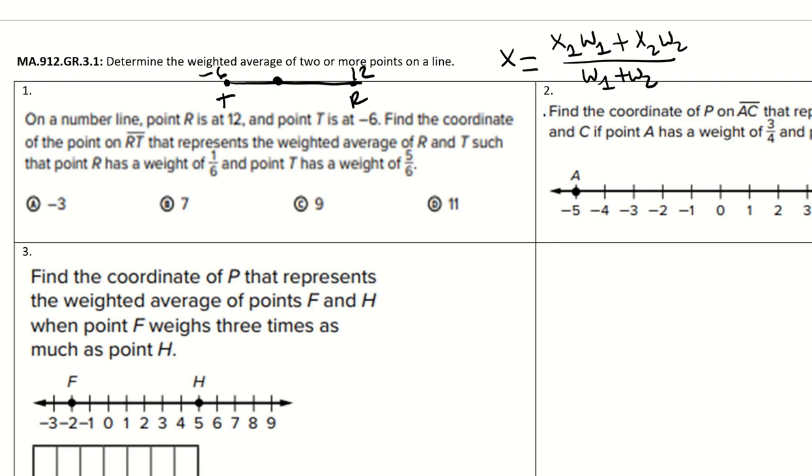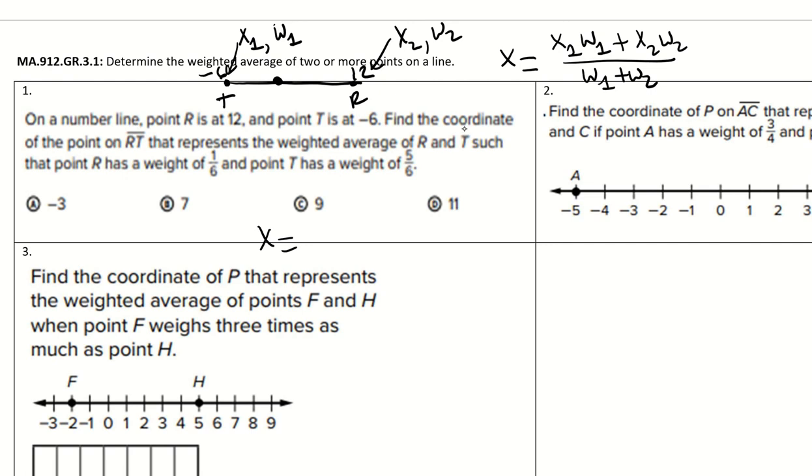And then they said that r has a weight of 1/6. So let's call this point x1. And let's call this point x2. And let's call the weight w1 and then the weight here w2. Okay? And we're just going to plug that into the formula. That's all we're going to do.